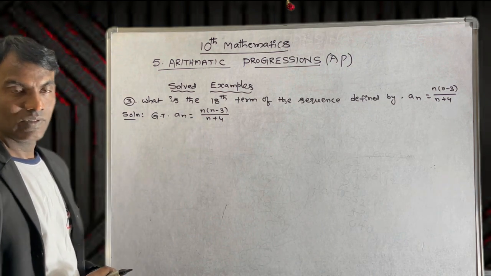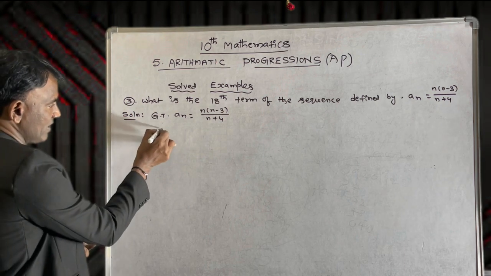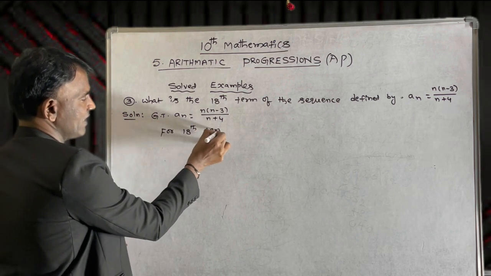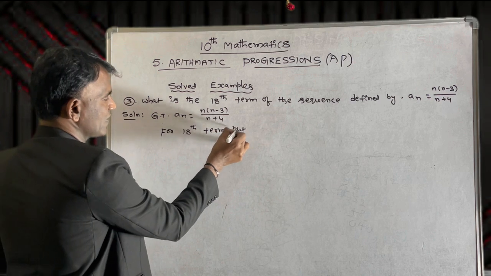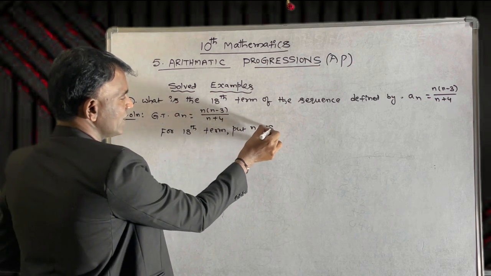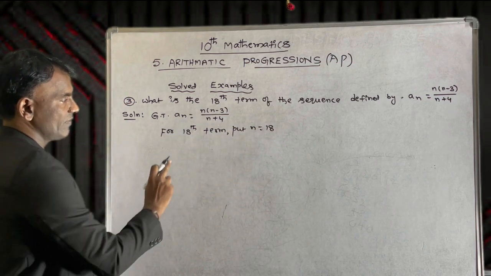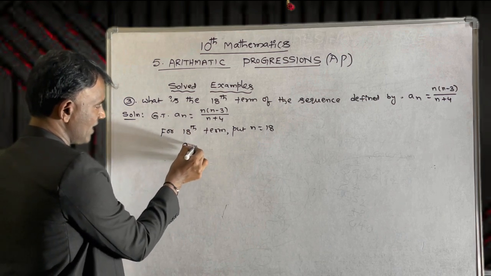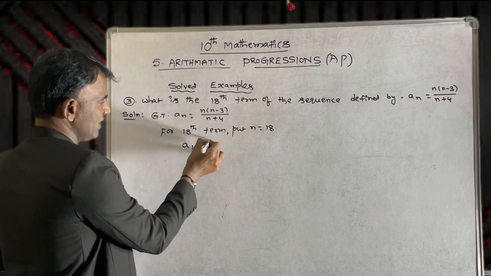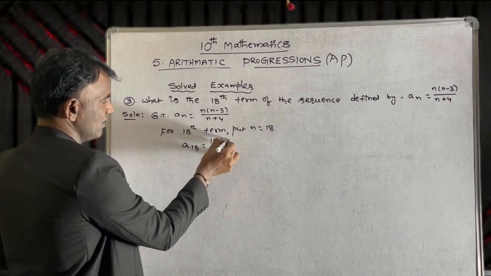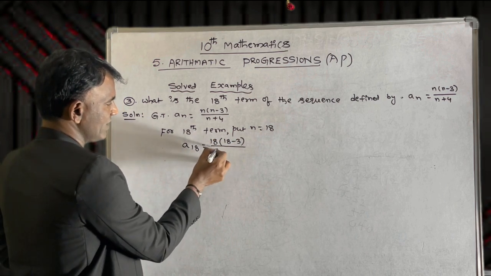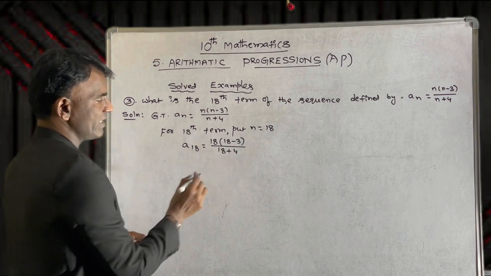The 18th term. So for the 18th term, put n equal to 18. So if n equal to 18, a18 equals 18 into (18 minus 3) divided by (18 plus 4).